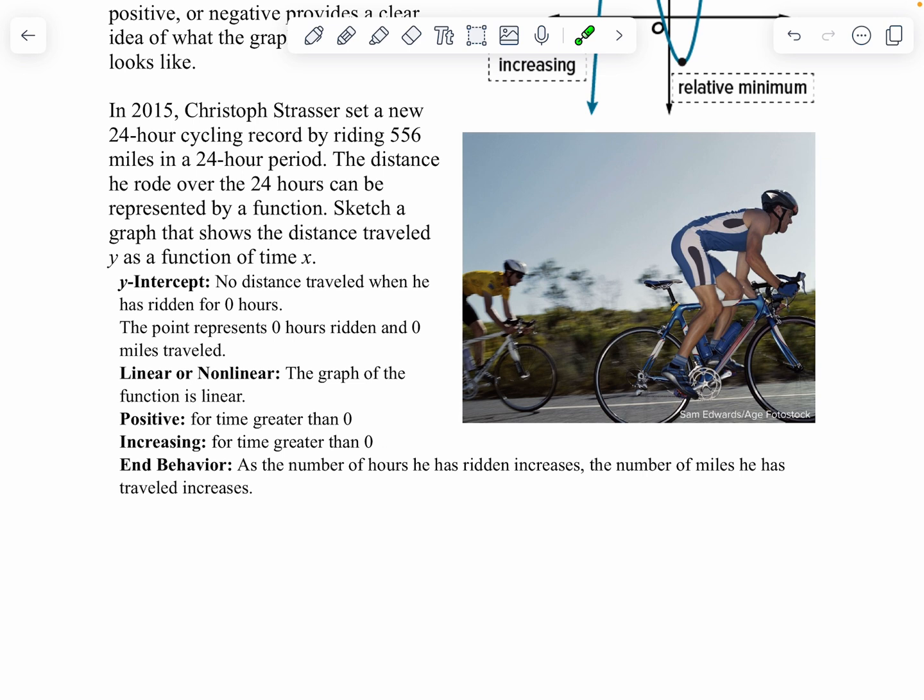And I know the end behavior: as the number of hours he has ridden increases, the number of miles he's traveled increases. One of the key features of the graph, notice they told us he's going to go 24 hours and he's going to cover 556 miles. So I'm going to use that as the first part of my graph.